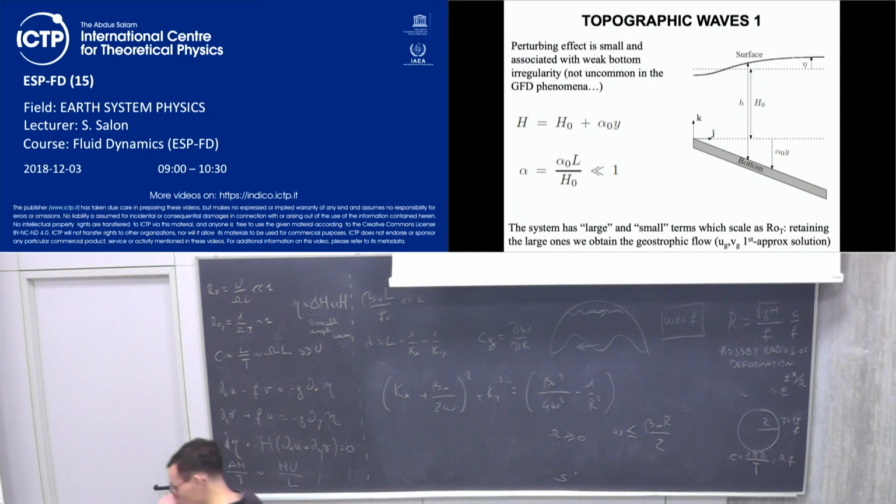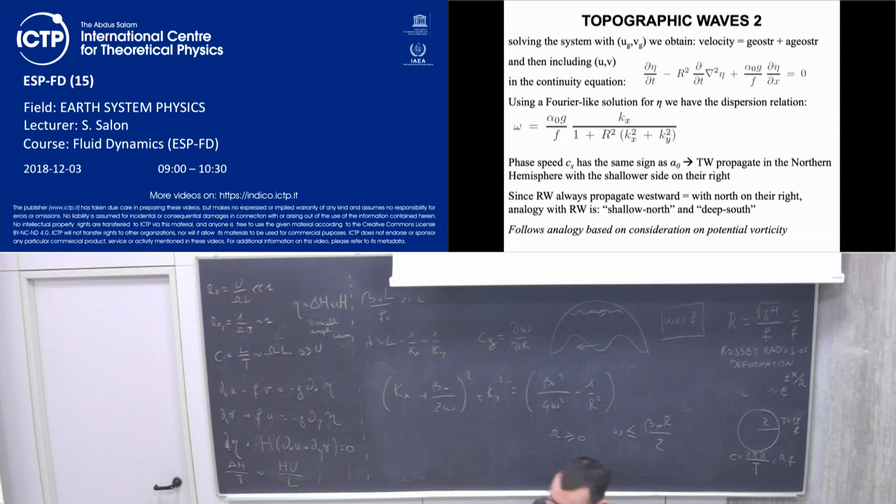And what we will obtain will be again a solution which will have a geostrophic leading term plus a geostrophic perturbation term. Again, we will solve the system, and we will put the two solutions U and V in the third equation, and again, as you can see, we will find the equation of continuity with the perturbation.